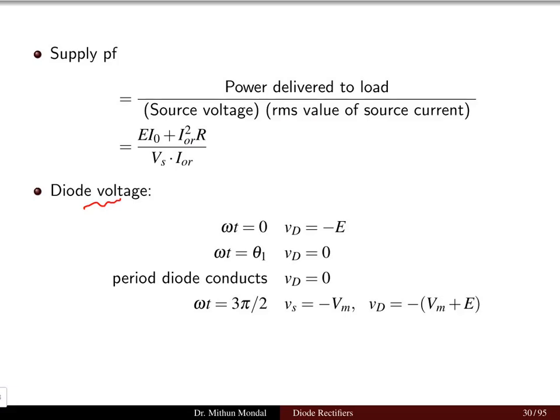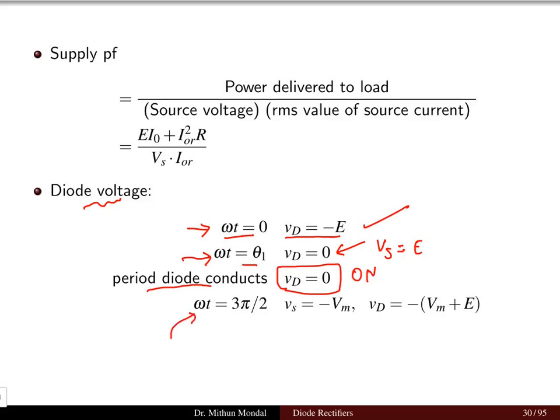What happened to the diode? When omega t is equal to 0, the diode is reverse biased. Hence, we have minus E as the voltage. But at omega t equal to theta 1, the diode voltage will be 0 because here the source voltage will be equal to E. So the period when the diode conducts, there will be no voltage; it is basically a closed switch in the on state, and the diode voltage will be 0.